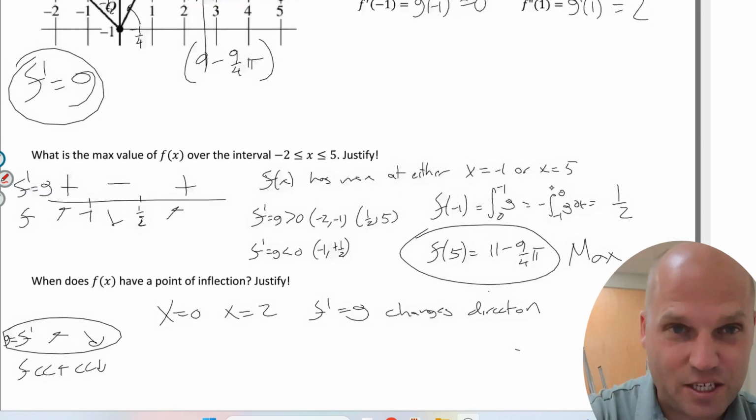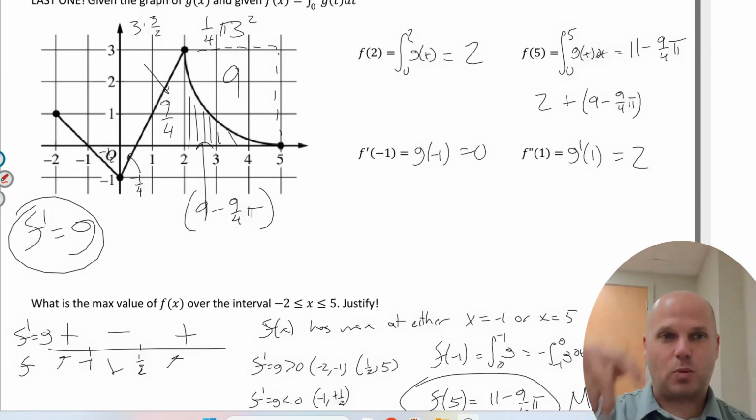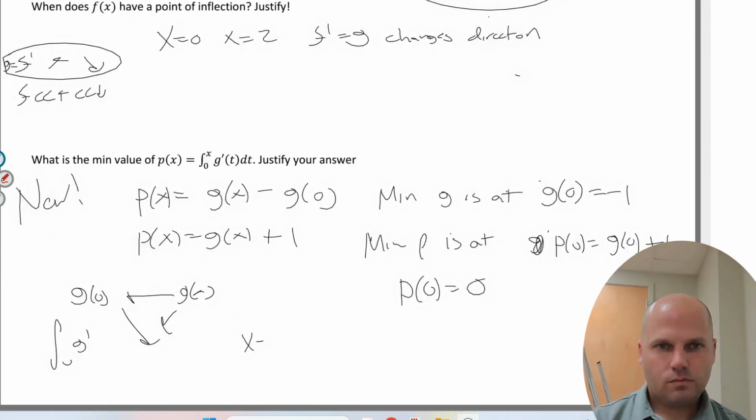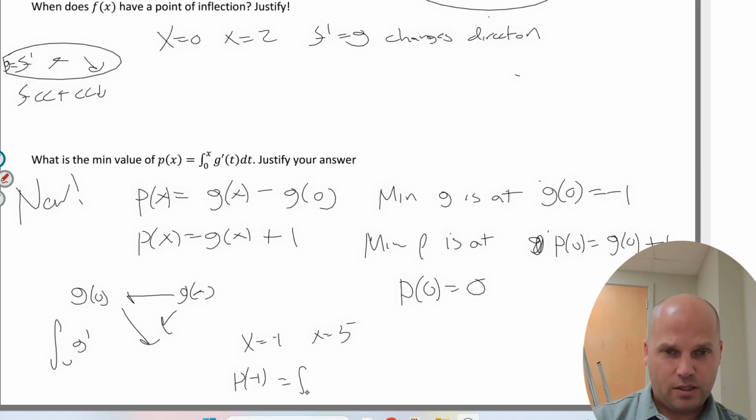Okay, let's say we did it a different way. We look at the slopes. The slopes are negative, then positive, and then negative. My candidates will be at -1 and 5. If I say, let's check P of -1, I will accumulate from 0 to -1 g prime, which will be the opposite of the accumulation from -1 to 0.